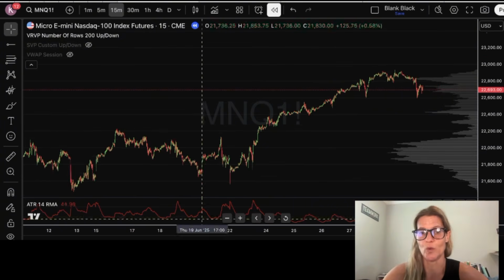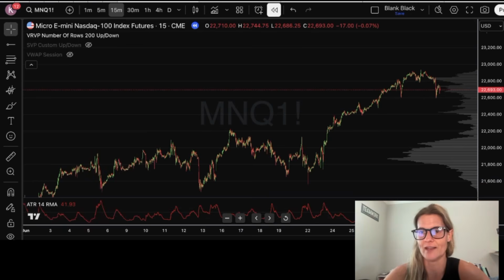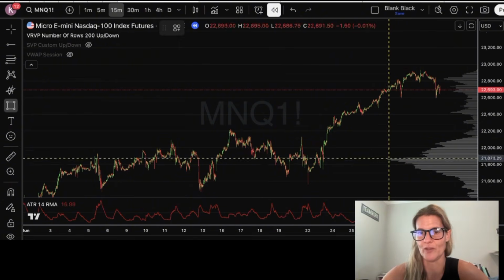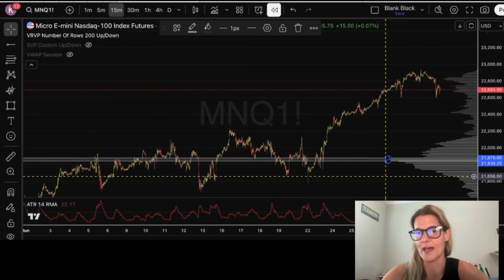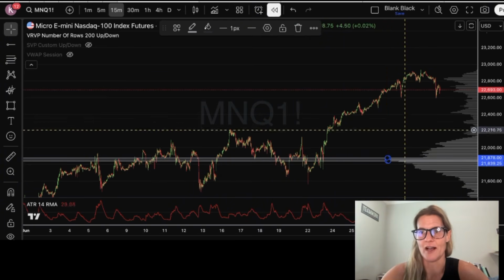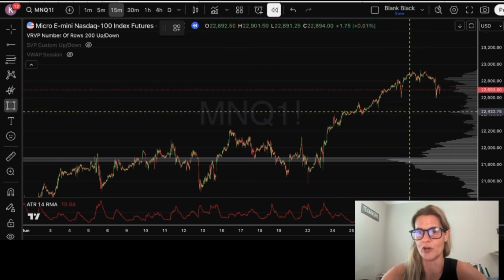What I'll do with this indicator is use it to find areas of high volume and mark them off as support and resistance. For example, this is a very high volume node, so I'll mark that shaded area off. Another spot, I usually try to find a couple right above or below current price action.